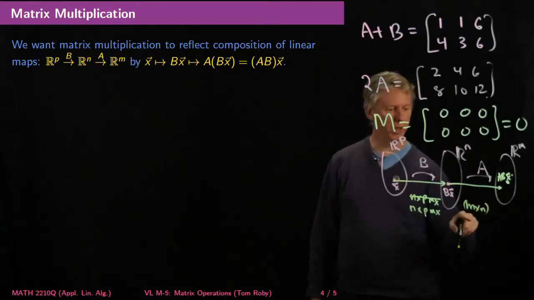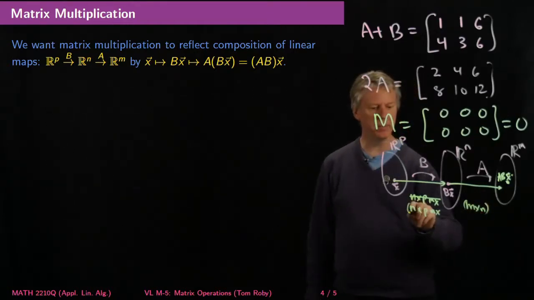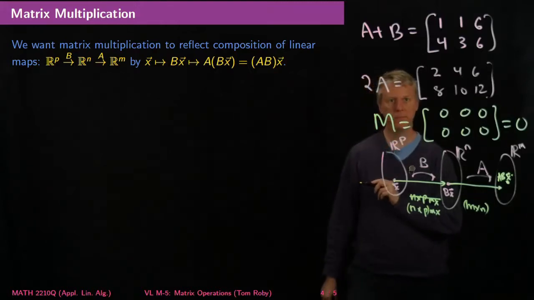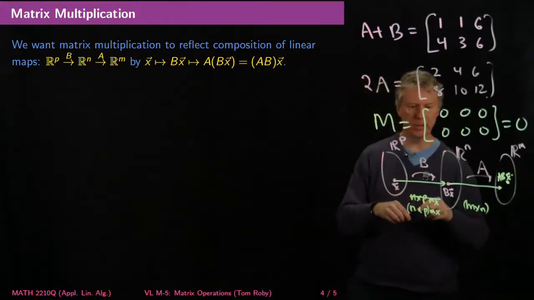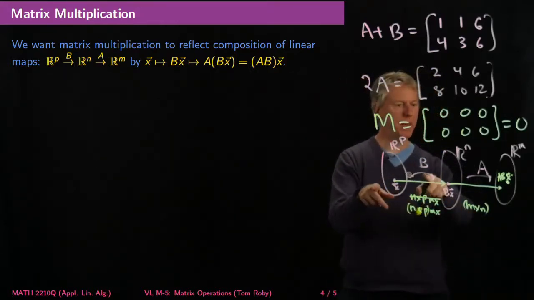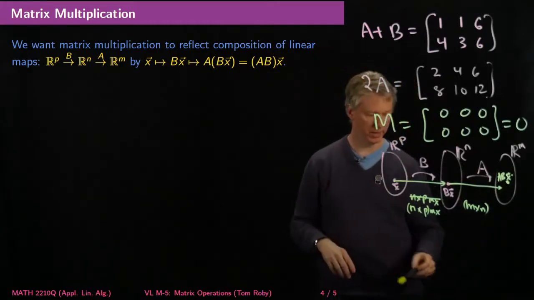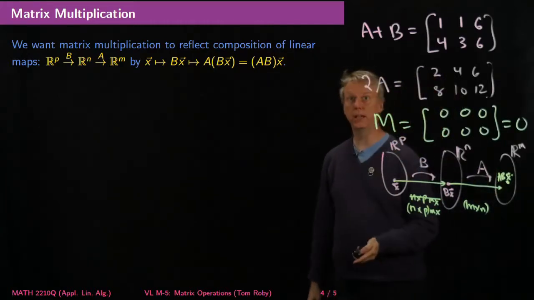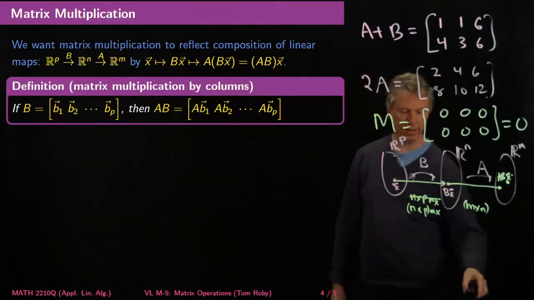And what I'm multiplying is an m by n matrix by an n by p matrix. So when I multiply an m by n matrix by an n by p matrix, I end up with an m by p matrix. That's something we'll see in more detail when I actually write out the definition for you.